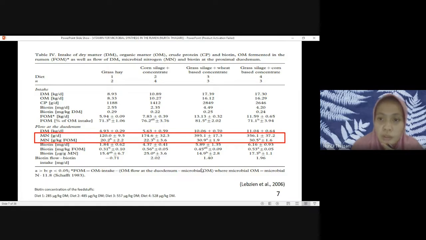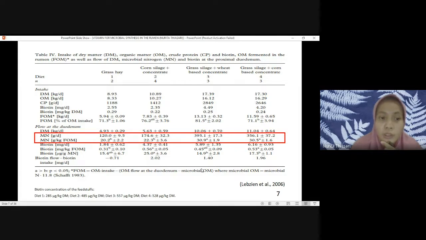My answer will be, in the high concentrate treatment, usually there will be a high amount of energy and concentrate, and both the energy and concentrate are needed for the microbial protein synthesis.